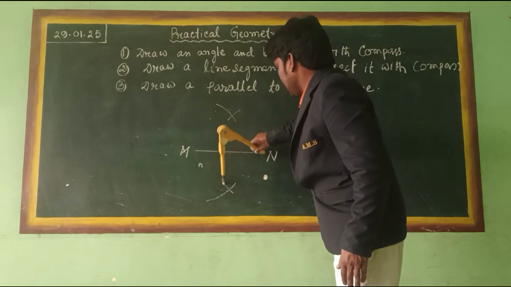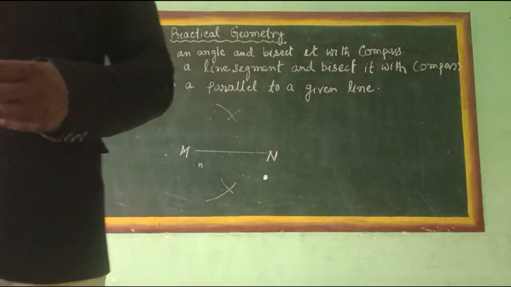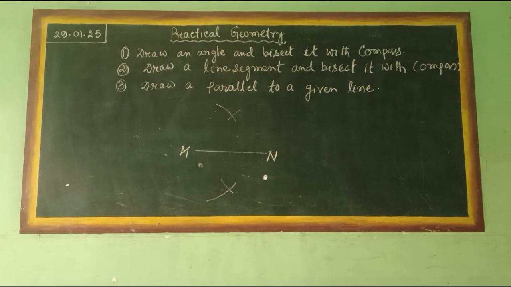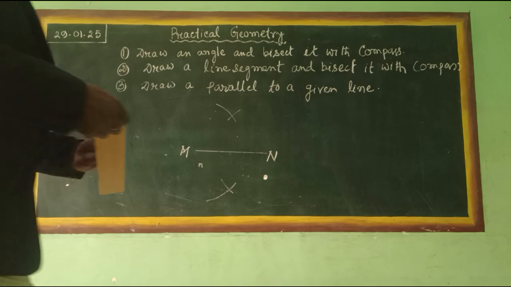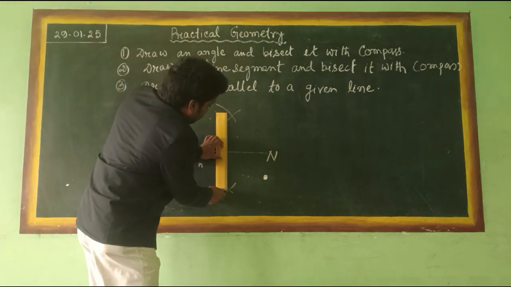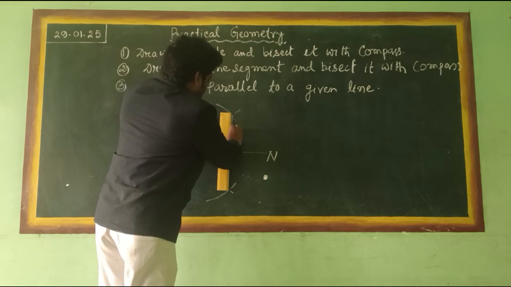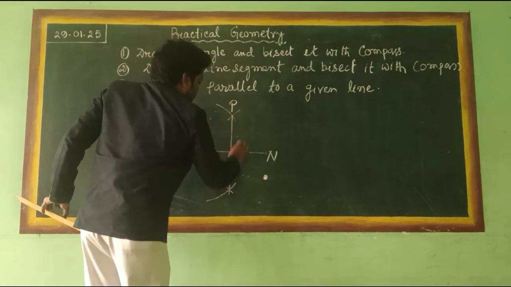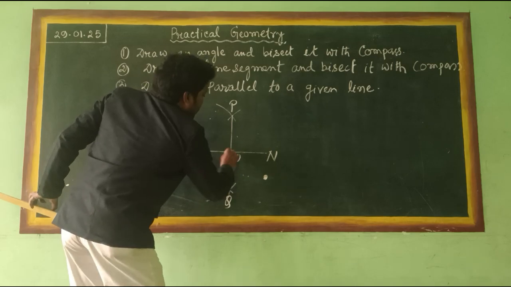Cut here. Then with the scale, join them. Suppose it is PQ, intersecting at point O.